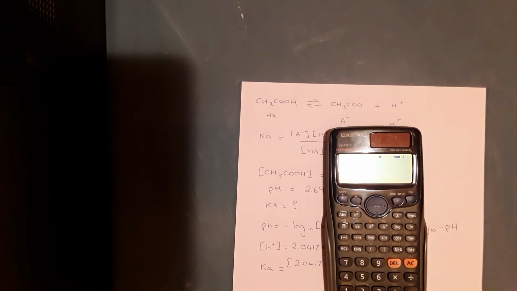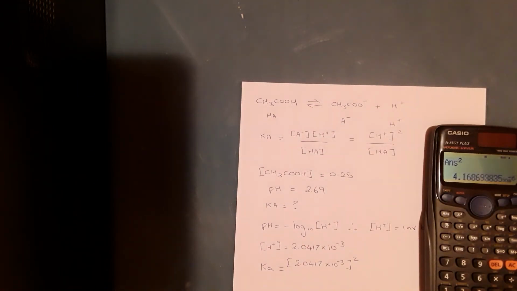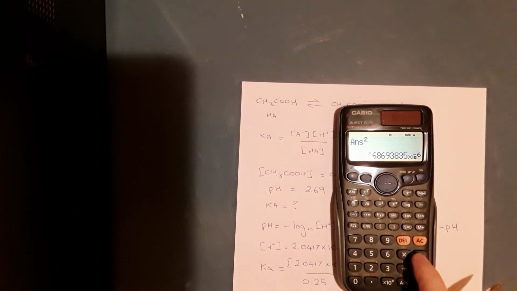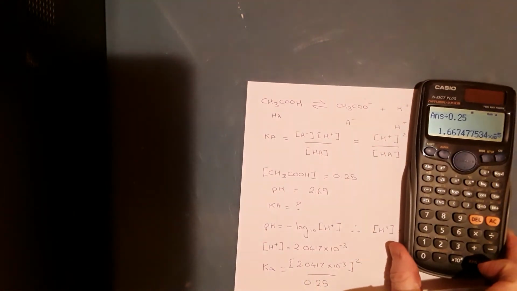That gives 4.168 and so on, times 10 to the minus 6. That's divided by the concentration, 0.25, so whilst that's still in the calculator, divide by 0.25, equals 1.667 times 10 to the minus 5.